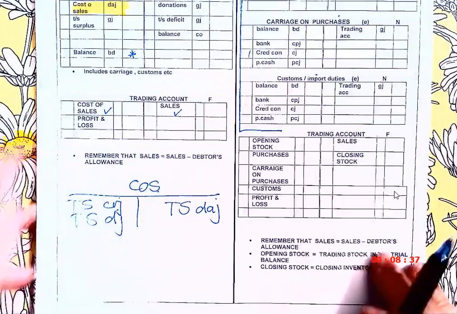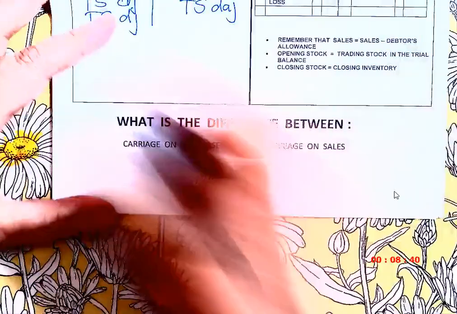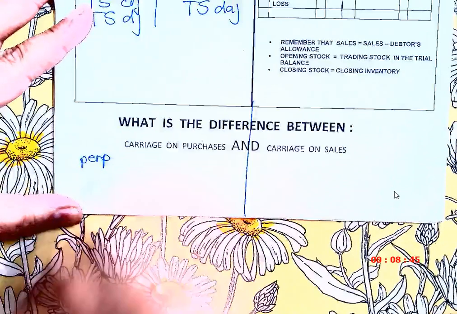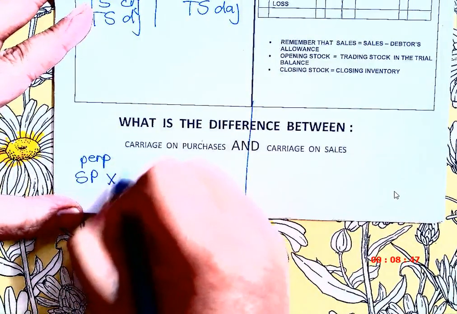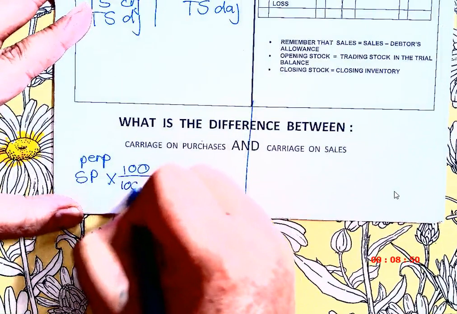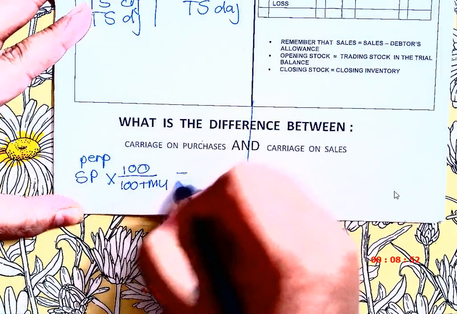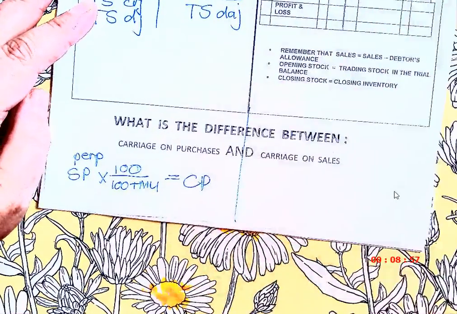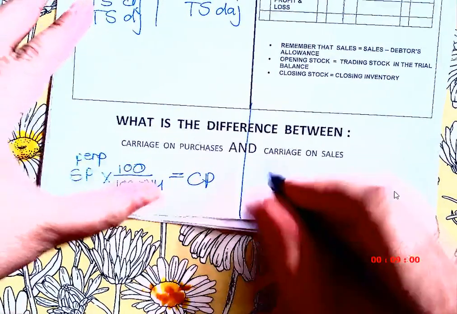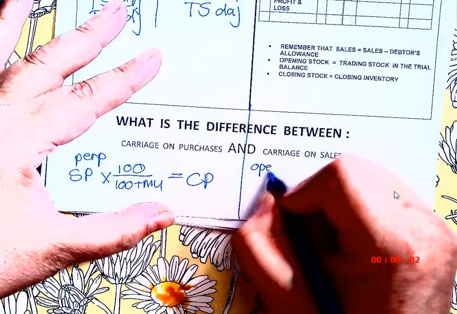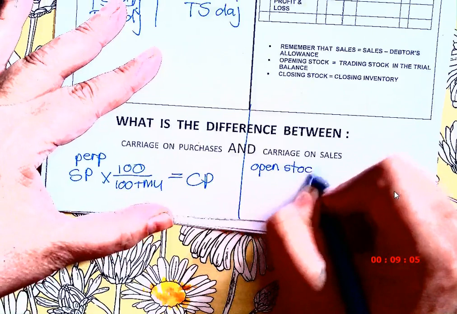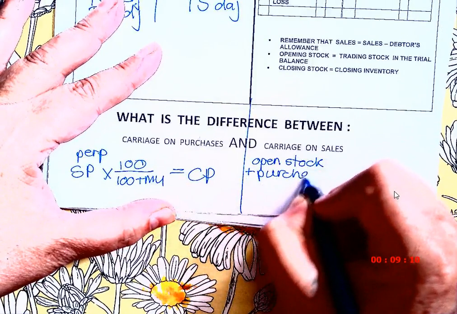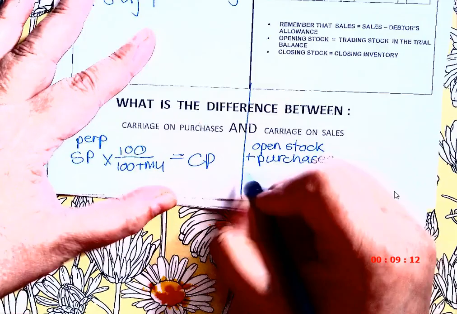So in the perpetual, I will say, selling price times 100 over 100 plus markup will give me cost price. Right? You with me? Periodic, I will say, opening stock, in other words, the stock that I have at the start of the year, plus what I buy, less what I return.